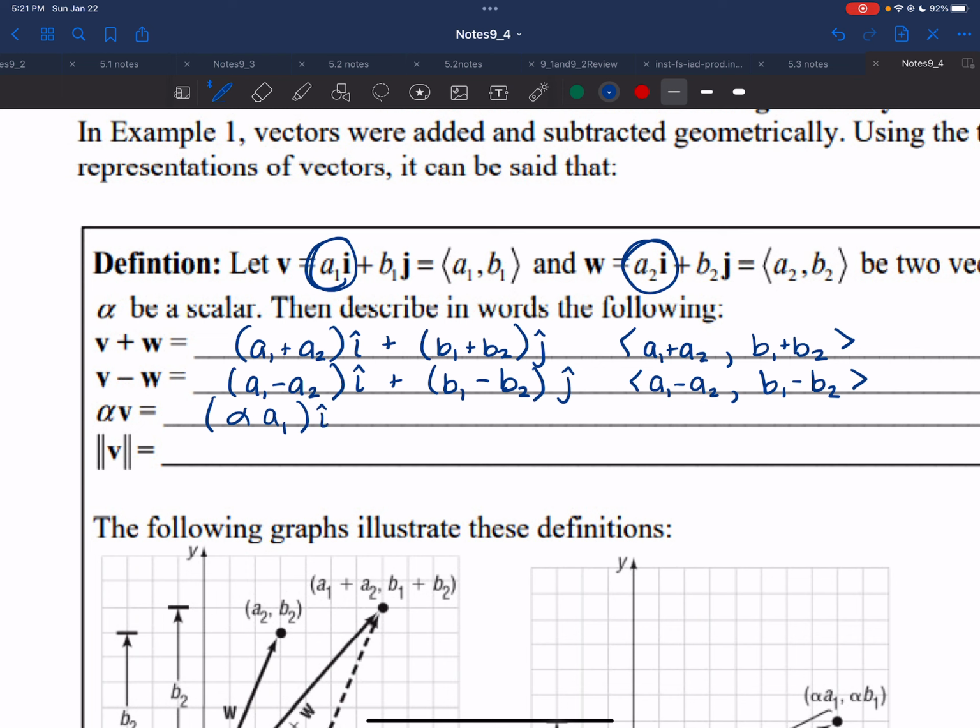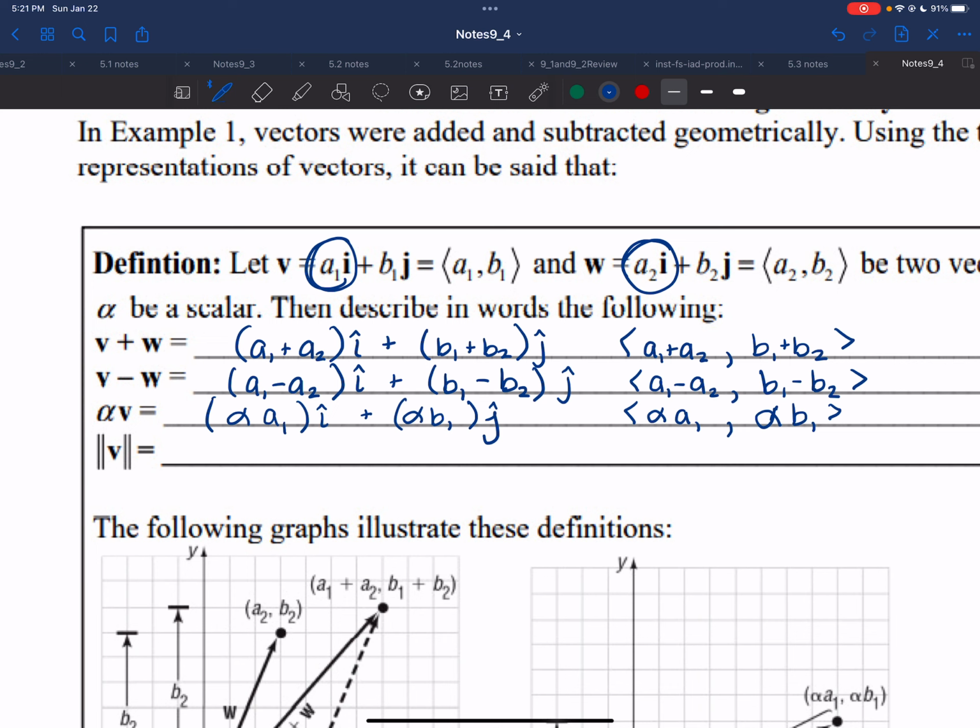And then we are going to add to that our y components, and that's going to be alpha b1 j hat. Okay, so what that looks like in component notation would be (alpha a1, alpha b1). And if you multiplied it through w, it would be the same.